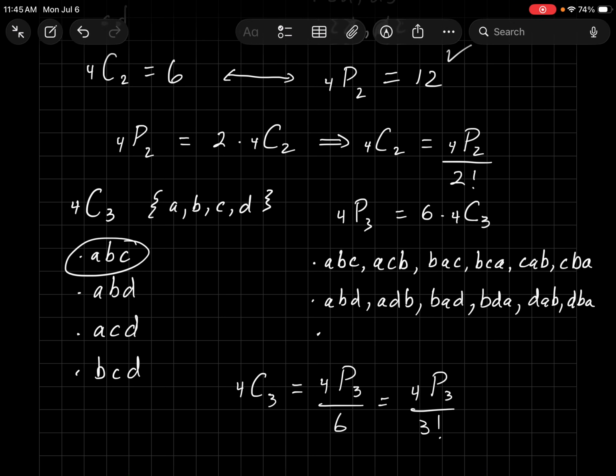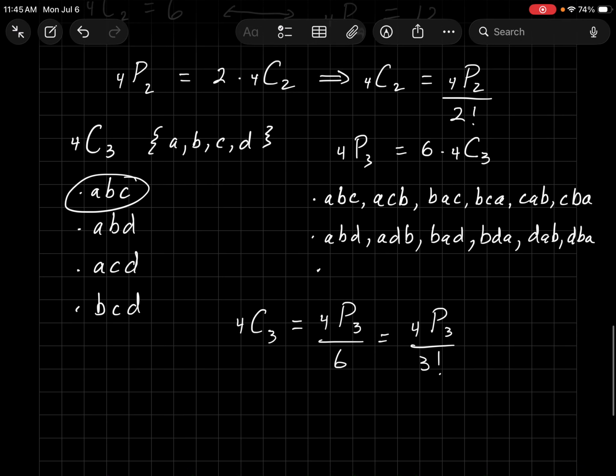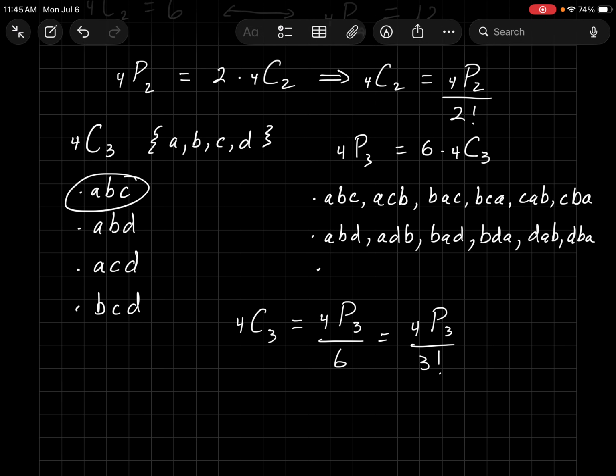Now, I'm not proving anything, but I'm trying to convince you of the following. Hopefully I have. That just in general, if I want to find out how many combinations I have, I can find out how many permutations I have, and then divide by an extra r factorial, which is how many things I'm choosing out of the total.